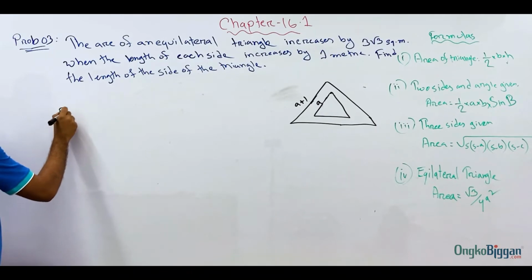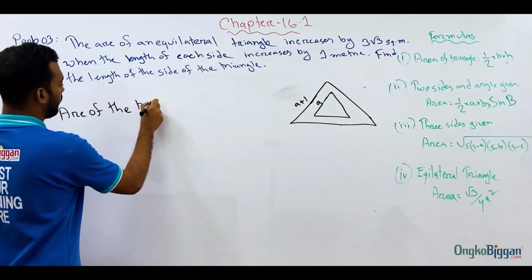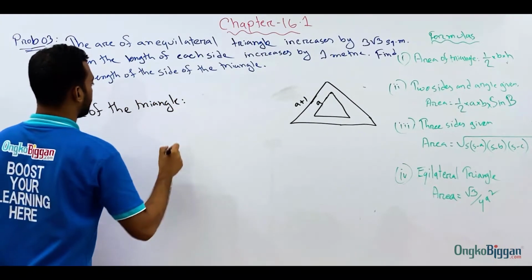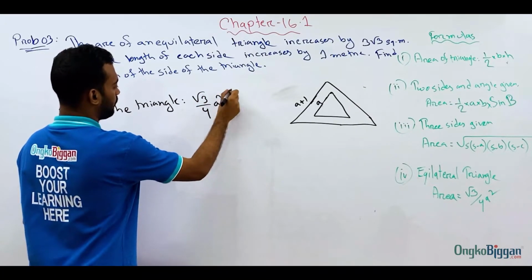So the area of the triangle before it is increased should be equal to root 3 by 4 A squared.